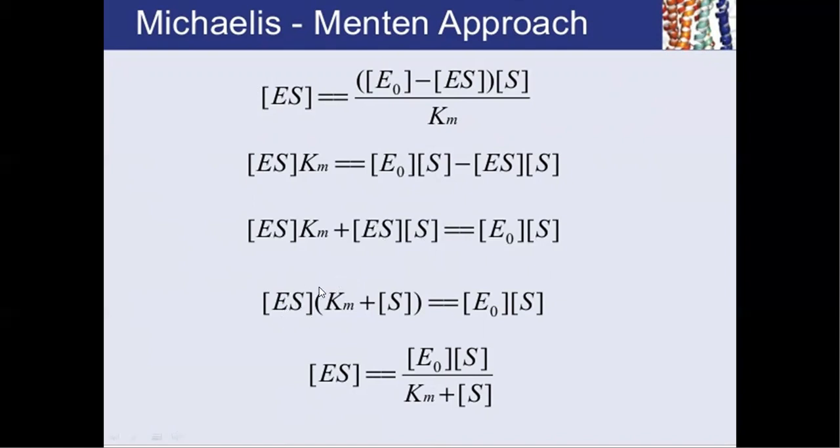So ES in brackets Km plus S is equal to E naught into S. From this equation we are extracting the ES value, that is ES equals E naught into S upon Km plus S. So this equation also comes from the equilibrium reaction.